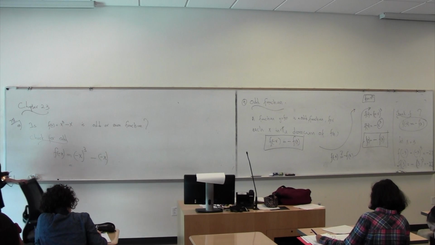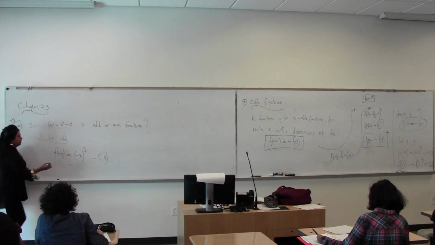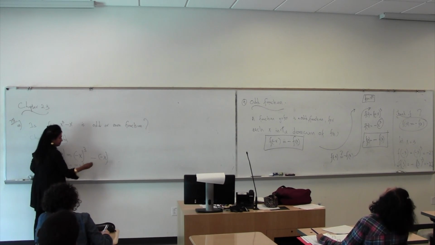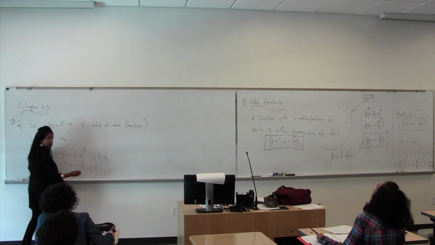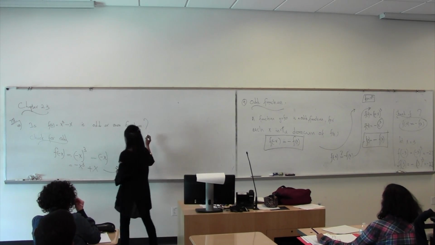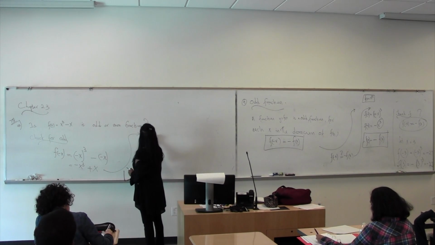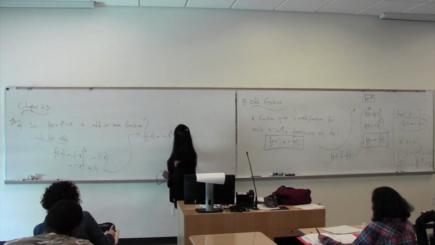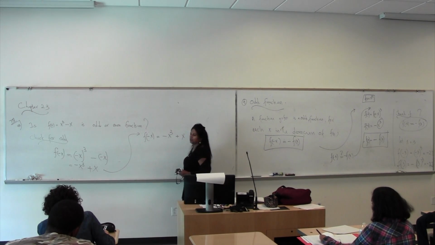What do you get? Negative x to the power 3, positive x. So f of negative x is equal to negative x to the power 3 plus x.